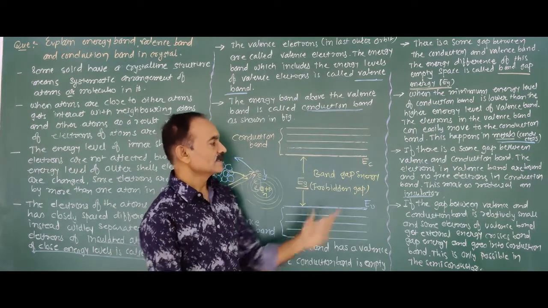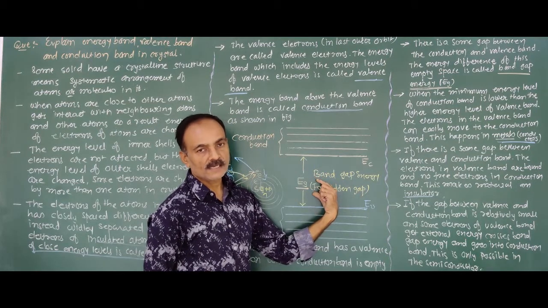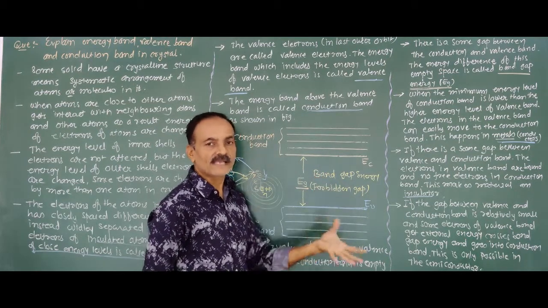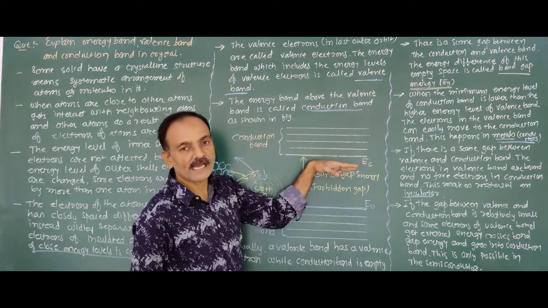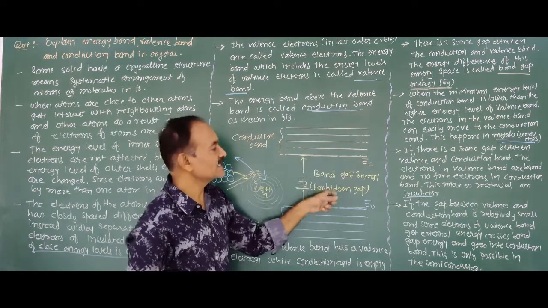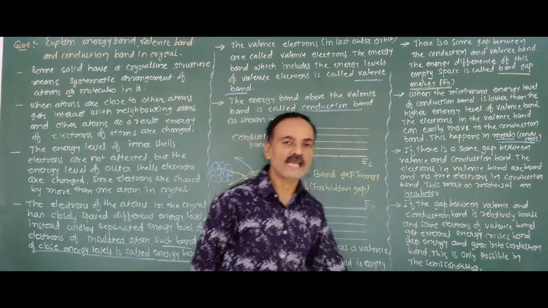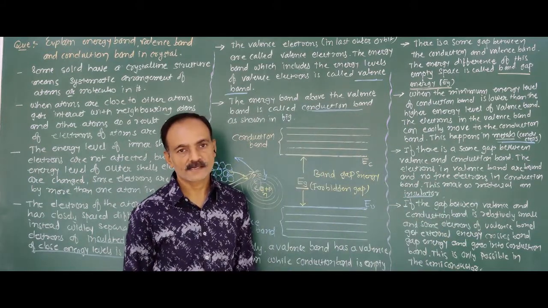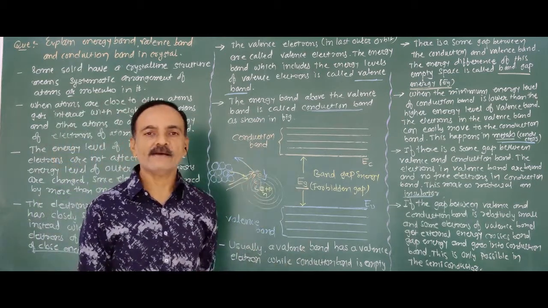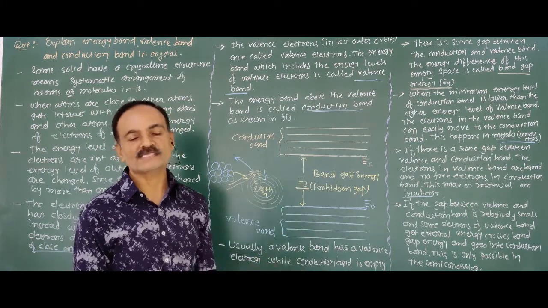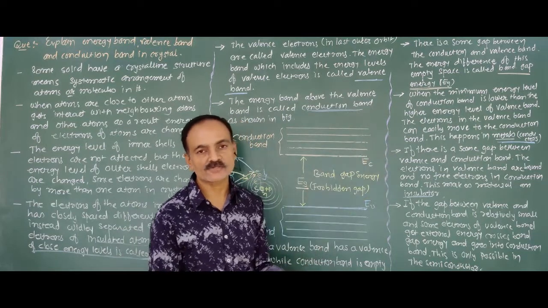In this situation, the material is known as a semiconductor. So this is the energy band diagram, and on the basis of it, we can see the energy band diagram for the metal, insulator, and also the semiconductor.